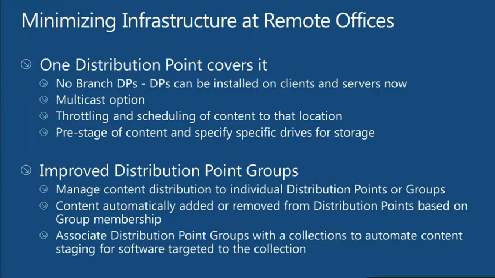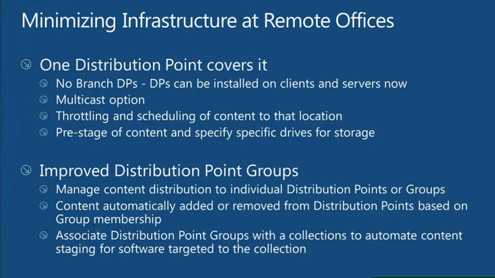You can use multicast and the PXE option only on the server class OSs. So even though we extended the distribution point to the client, we still rely on a couple of server technologies for some of the roles, but those are all rolled in. And like I mentioned, we added the throttling and the scheduling. So when you look at a remote distribution point in your hierarchy or in your console, you'll see those tabs, similar to what you see on a sender today, that allow you to set the schedule or the throttling on those.